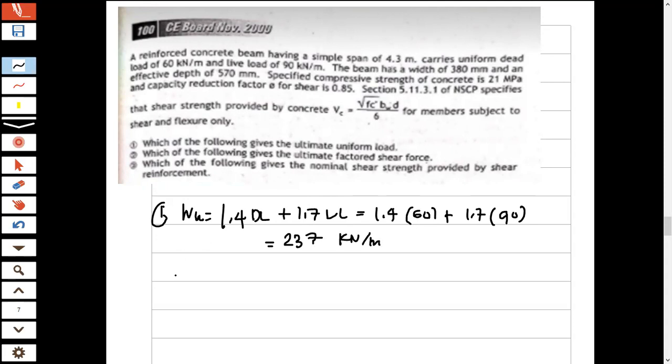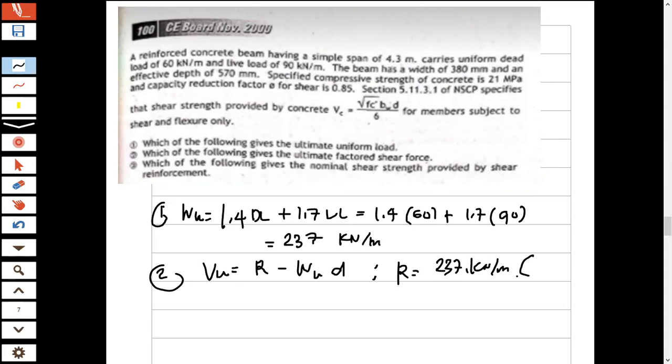Which of the following? Okay, factor shear force naman. VU. Kahit hindi na natin ilagay yung shear diagram, alam natin na it's equal to R minus WU times D. Ano yung R? Since simply supported naman ito, you just have the total weight na 237 kilonewton per meter.